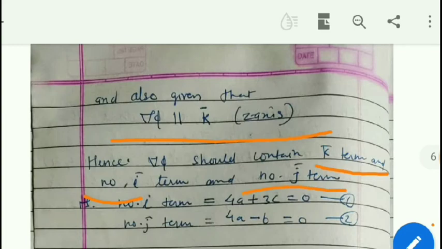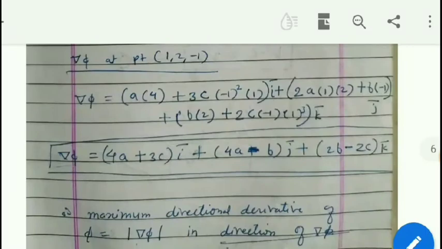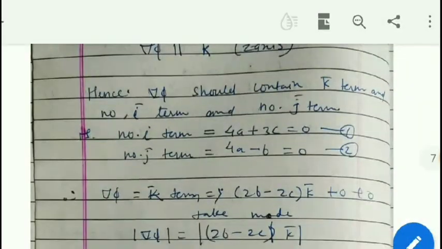No i terms means, comparing del phi, the value of 4a plus 3c is 0. No j term means the value of 4a minus b equals 0.